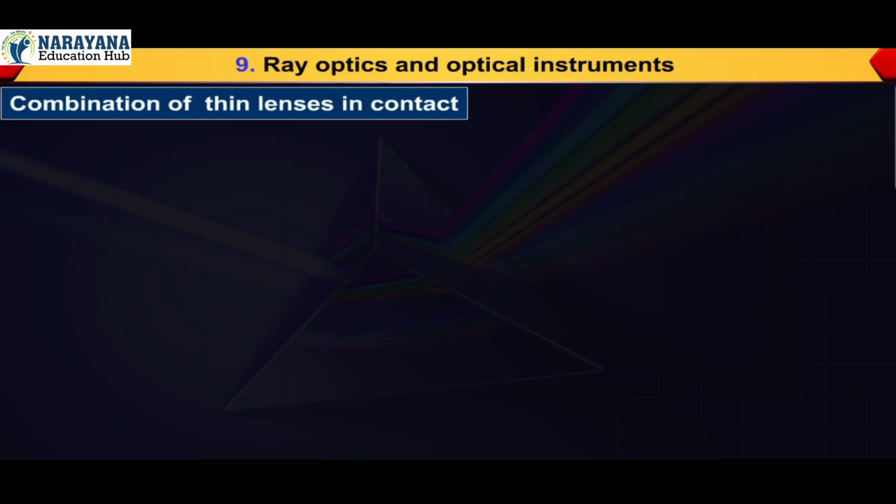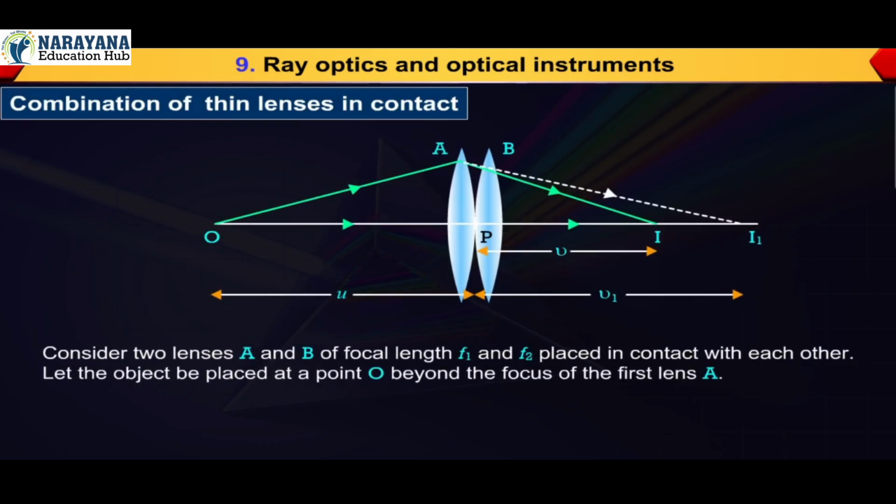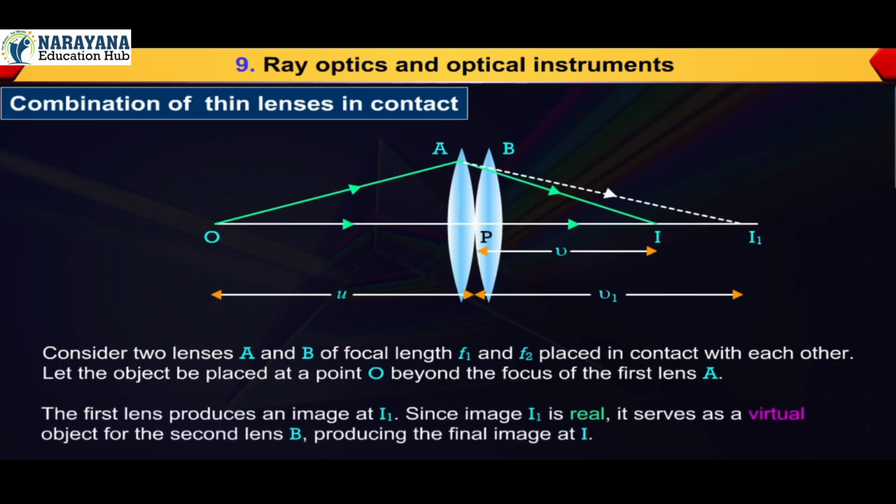Combination of thin lenses in contact. Consider two lenses A and B of focal length f1 and f2 placed in contact with each other. Let the object be placed at a point O beyond the focus of the first lens A. The first lens produces an image at I1.